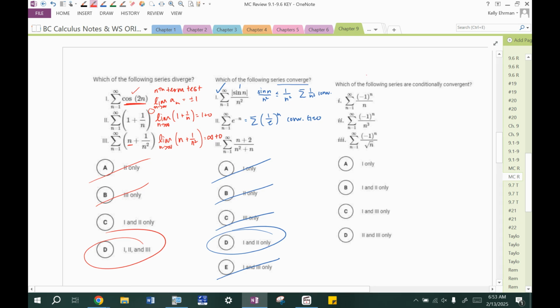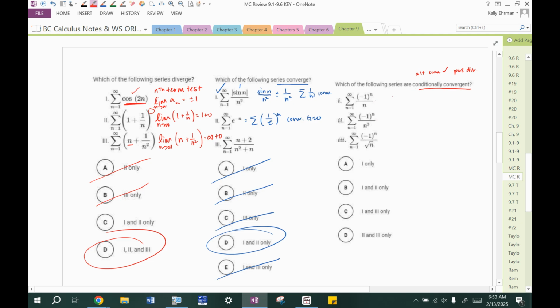Which of the following series are conditionally convergent? Remember, that means that the alternating converges, but the positive diverges. All right, so first just do a quick check. Do all of these converge? Alternating, terms approaching 0, yes, yes, yes. Basically, if it's alternating and bottom heavy, it converges by AST.